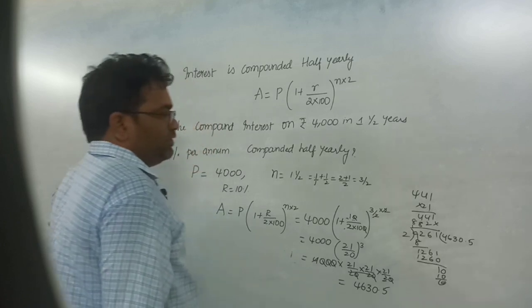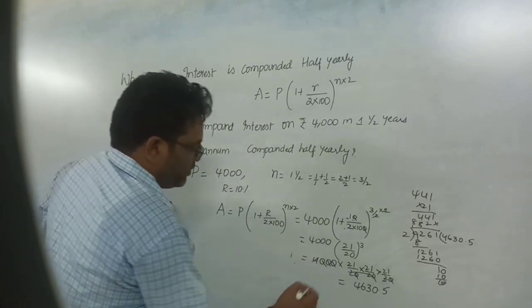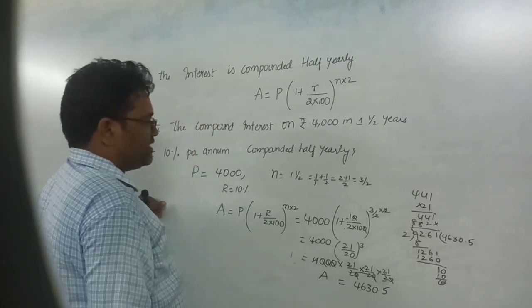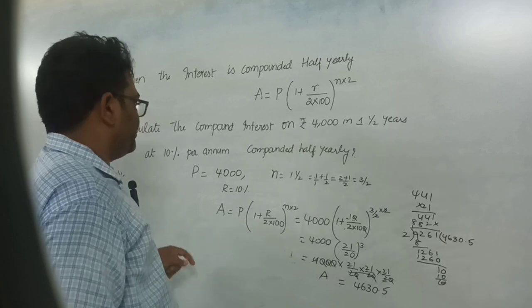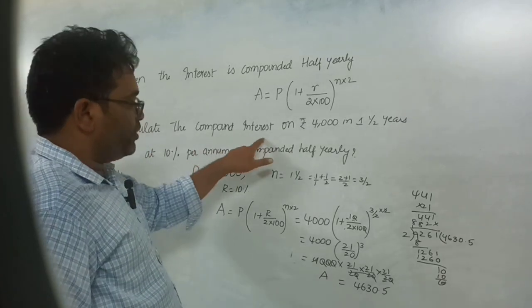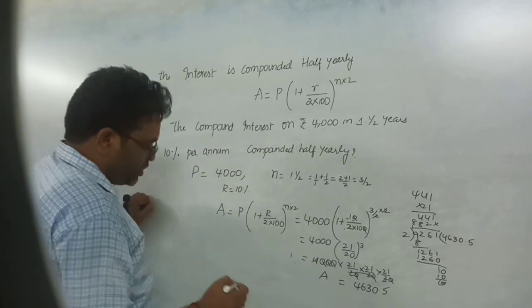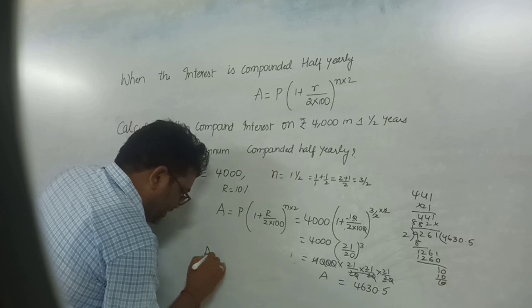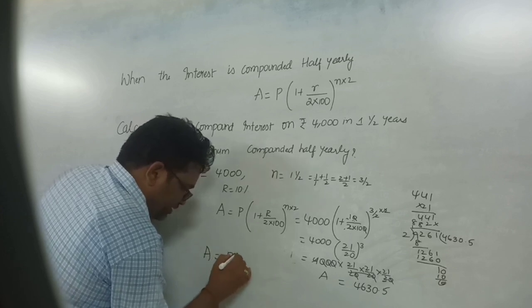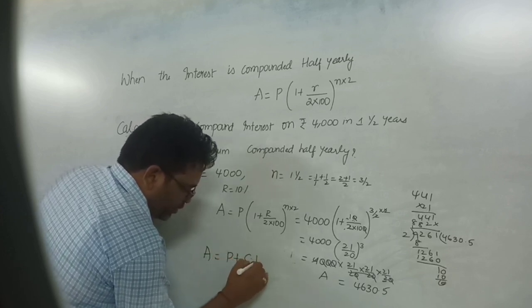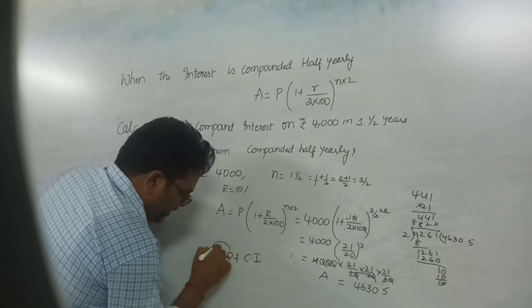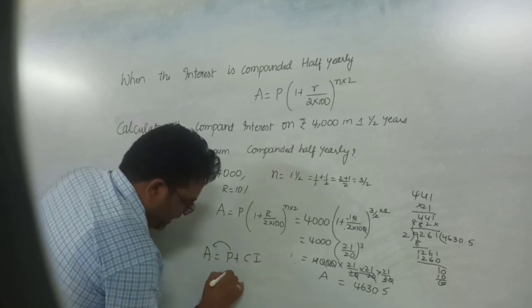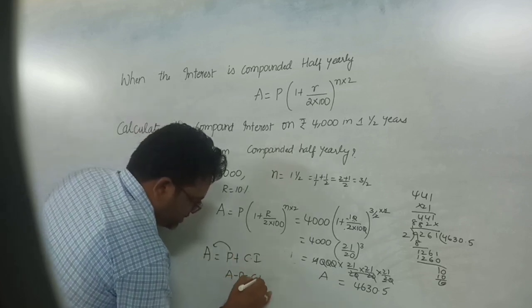So we got the amount A is equal to 4630.5. Now they are asking to calculate the compound interest. Amount is equal to principal plus compound interest. So taking P to the left-hand side, A minus P is equal to CI.